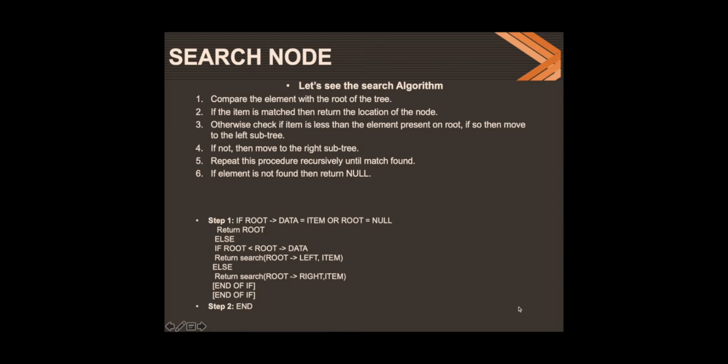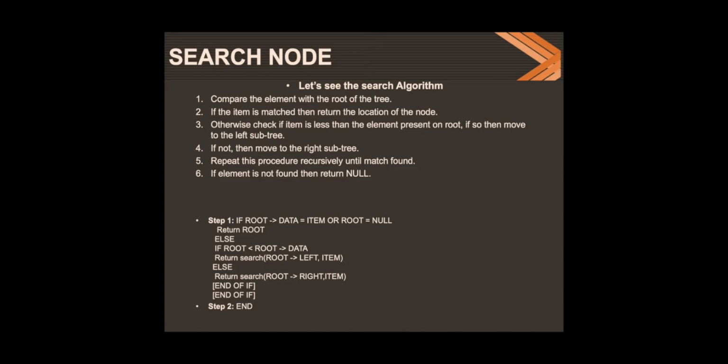Before searching a node, let's see the search algorithm. Number 1. Compare the element with the root of the tree. Number 2. If the item is matched, then return the location of the node. Number 3. Otherwise, check if the item is less than the element present on the root.